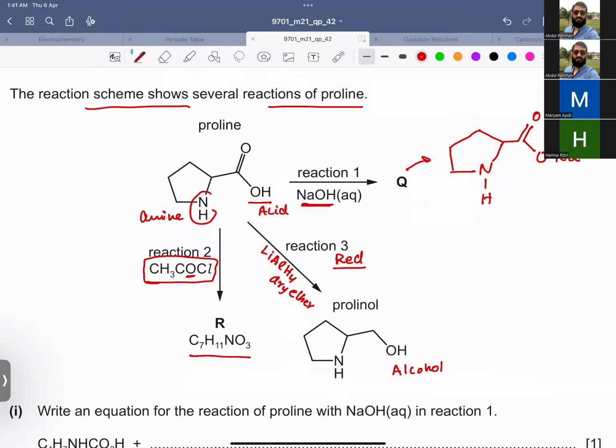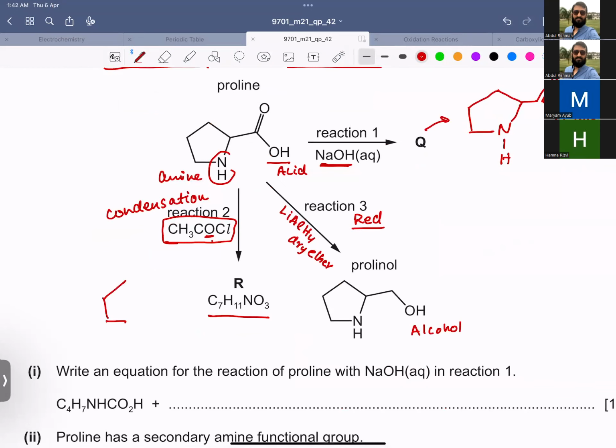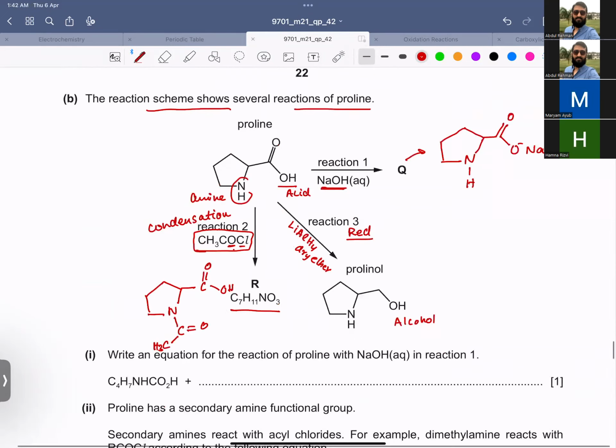So it means this ethanoyl chloride is reacted with the amine, and it's a condensation reaction, which we also call an addition-elimination reaction. So actually R is basically this thing. The hydrogen is removed from here, the chlorine is removed from here, and that C double bond O CH3. So this is R.